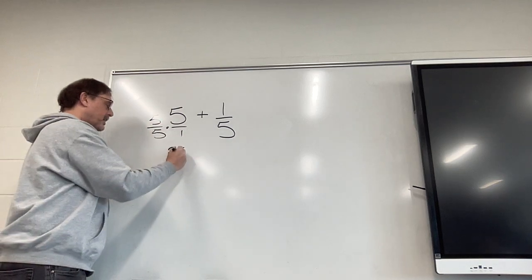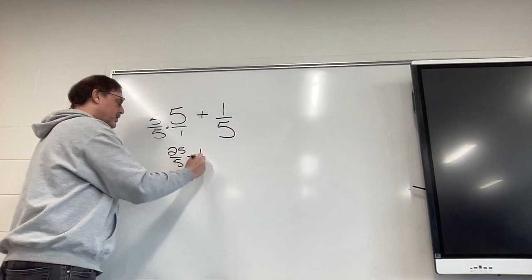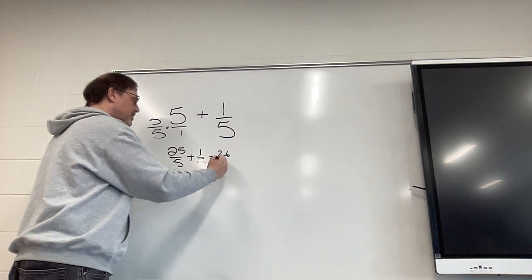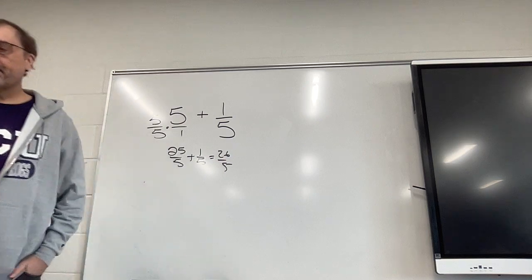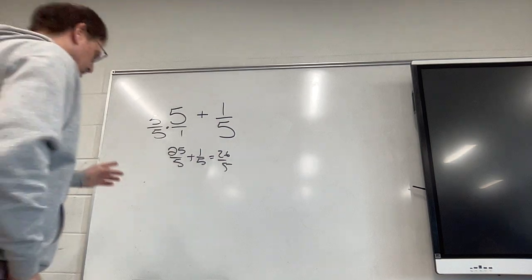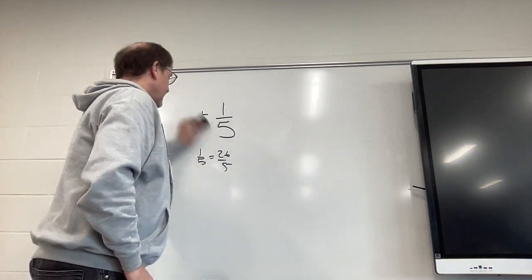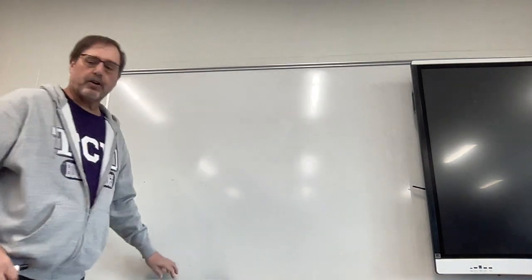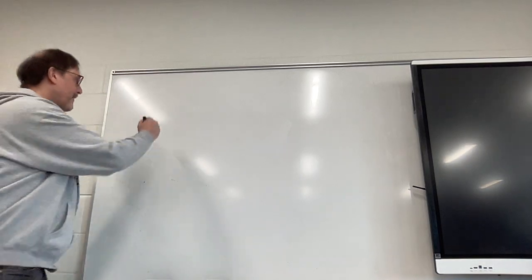So I get 25 over 5 plus 1 over 5, which is 26 over 5. Our directions are going to be to do the operation and then simplify.